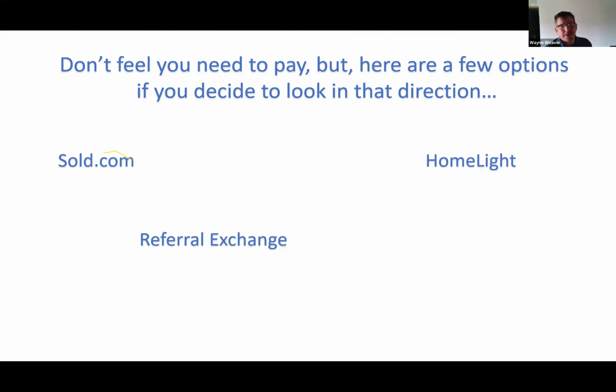So sold.com, OpCity, HomeLight, and Referral Exchange. I'm going to just throw them all up there. You can just go create a profile on HomeLight and Referral Exchange. If you get a lead, they don't cost you anything. If you get a lead and it closes, same with OpCity, you just pay a referral fee at that point.